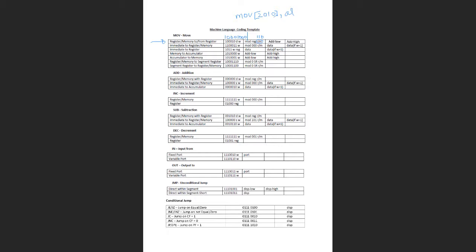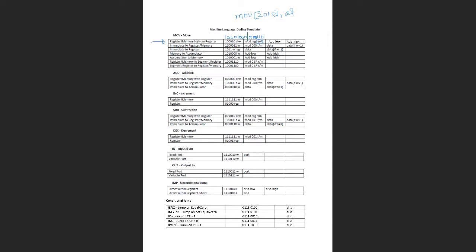So this is for 1 byte. And then what about the mod? Mod is 00 because it is a memory mode with 0 displacement. And then REG. REG for AL is 000. And then register or memory with this mod 00.